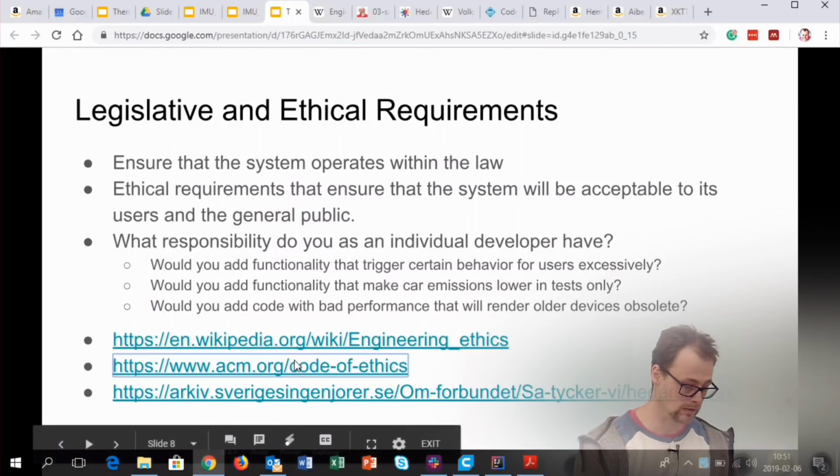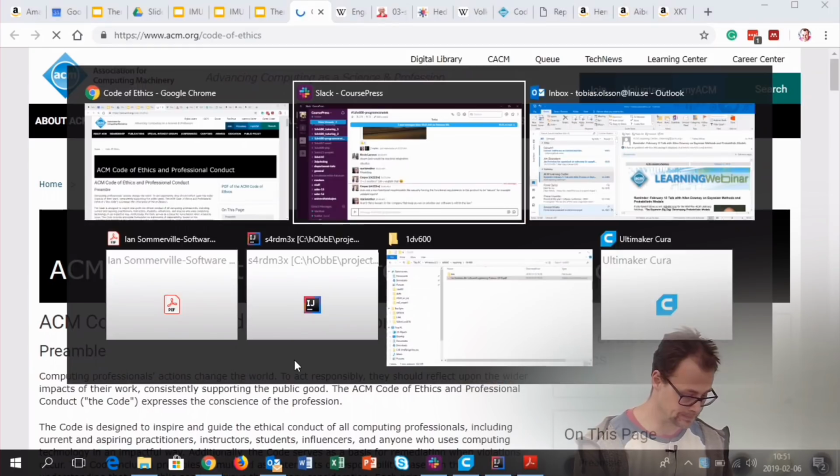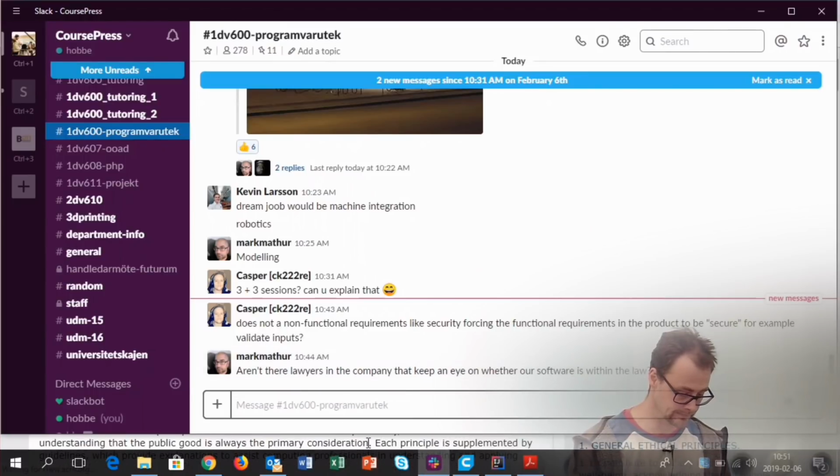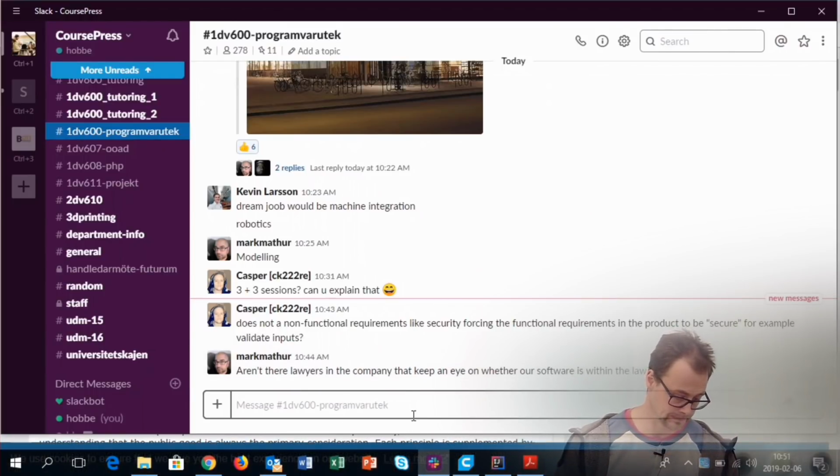There are 2 questions in Slack. Does not a non-functional requirement like security force the functional requirements in the product to be secure, for example, validate inputs? Yes.